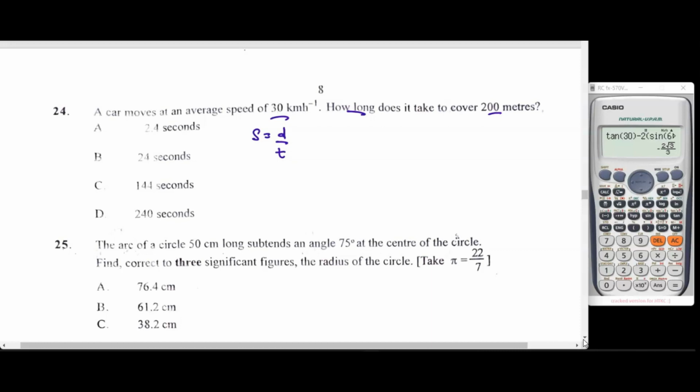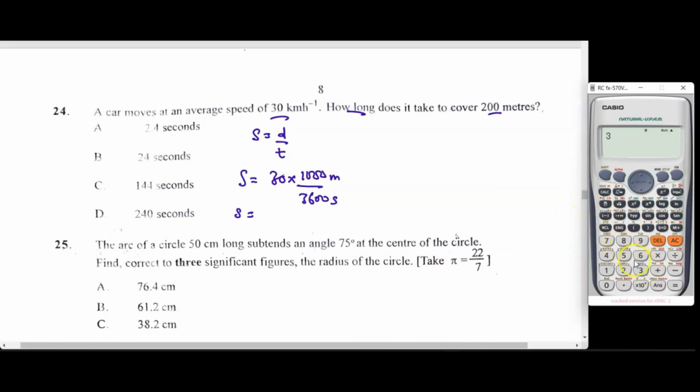And how do we do so? So speed will be 30 multiplying 1000 divided by 3600, and that will change it to meters per second. So when you program it on your calculator, let's write that one down first and then move on to the other.